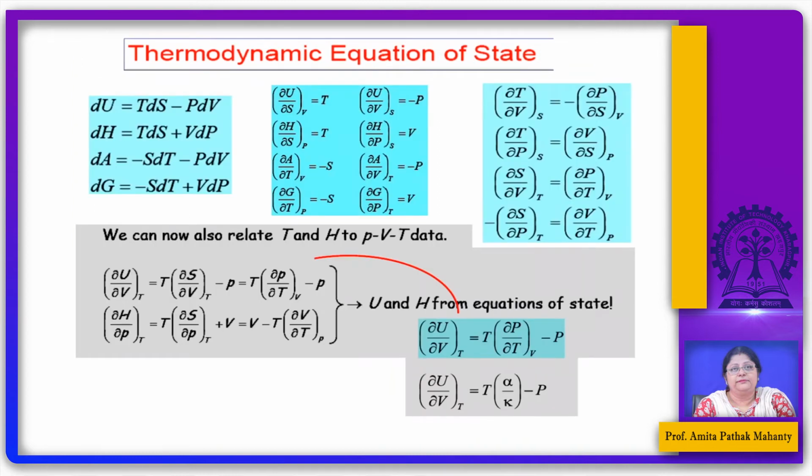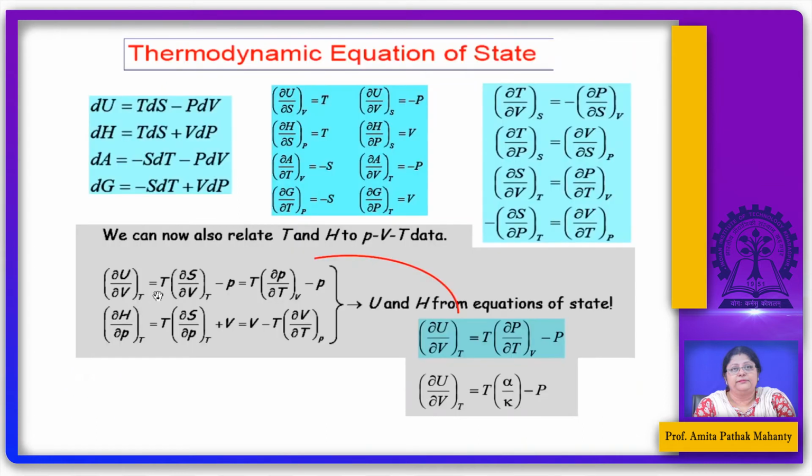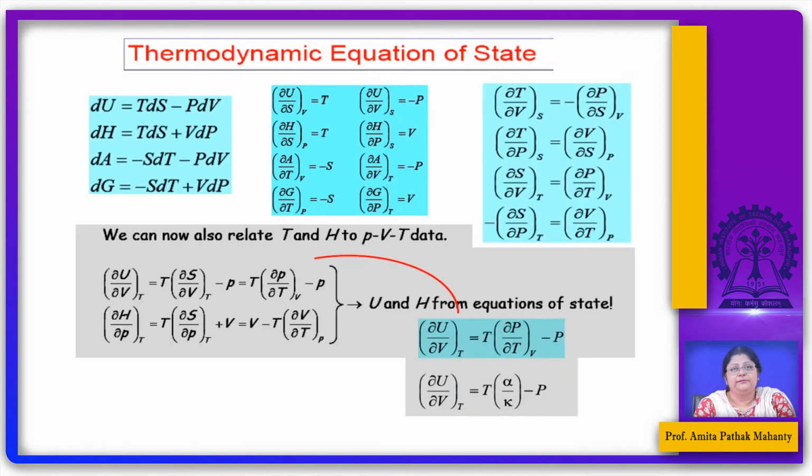We have generated two equations. Now coming down to the equation of state. Please remember, I am trying to find an equation of state, which is supposed to be a fundamental equation.